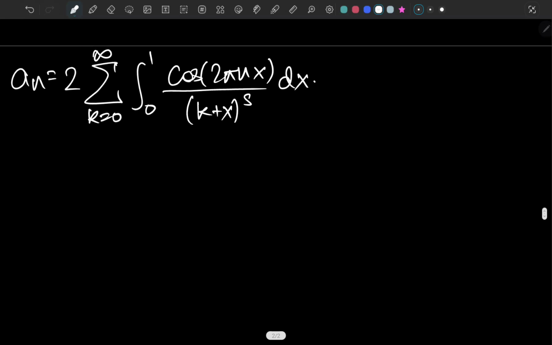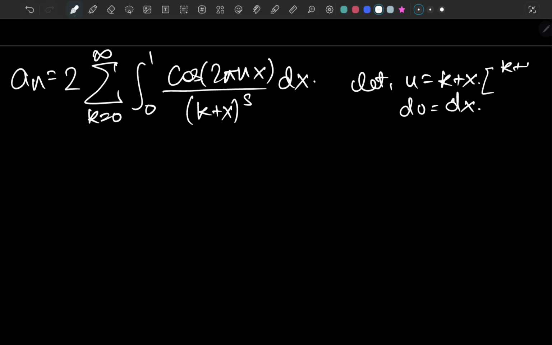Now we are just going to use some u-substitution here. Let u equal k plus x, right? So for the derivative, du equals dx, and the bounds are going to be k plus 1 and k, respectively, the upper and lower bounds.